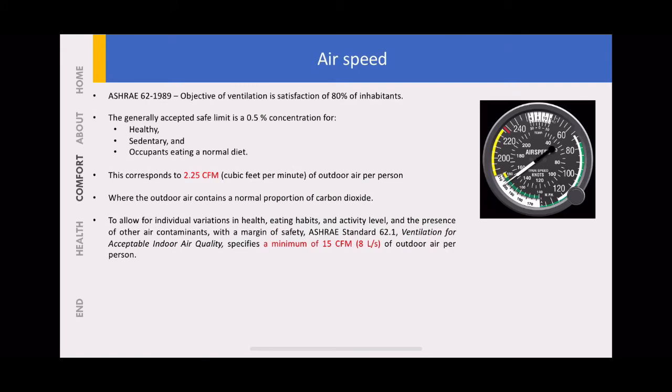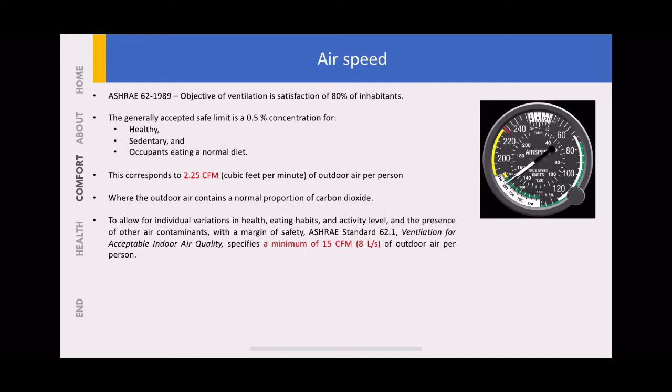Alright, next slide, we talk about airspeed. What is the airspeed that moves into the room given out by the aircon system? ASHRAE 62 in the year 1989 talks about the objective of ventilation as the satisfaction of 80% of inhabitants. So if 80% of inhabitants inside the room are satisfied with the airflow inside that room, then they will say that the room is comfortable, right?